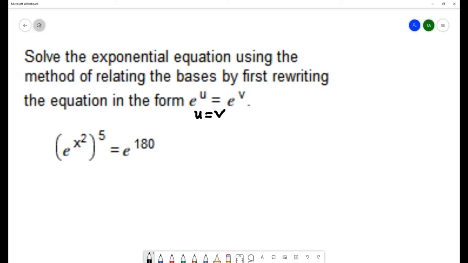So this format, e to the u equals e to the v, will allow us to simplify the equation to u equals v.